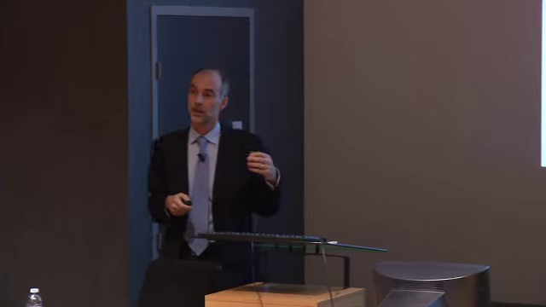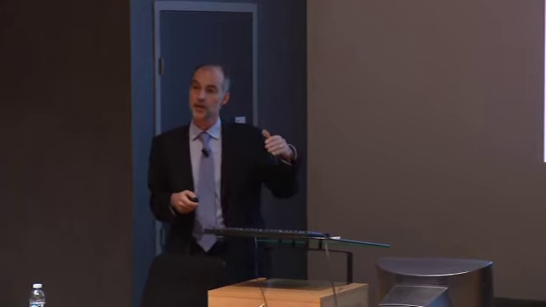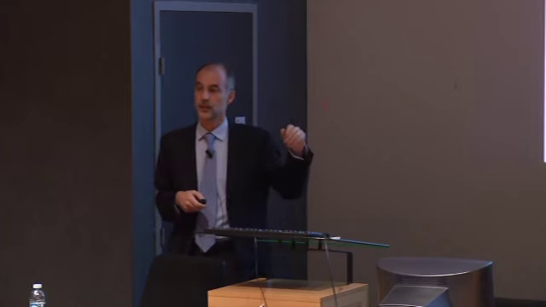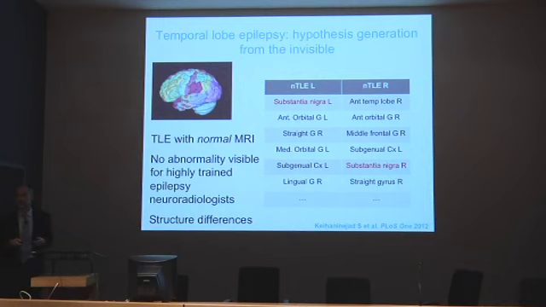This was very robust and also seen in the hippocampal sclerosis patients, where it didn't make it into the top 10 for classification because the hippocampal sclerosis was driving it, but it was definitely there.